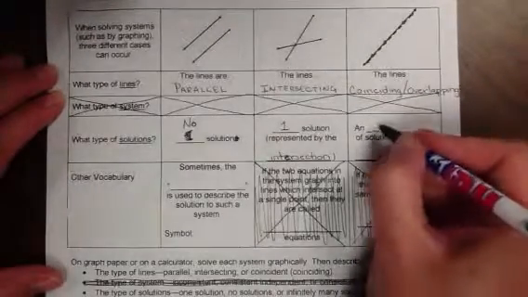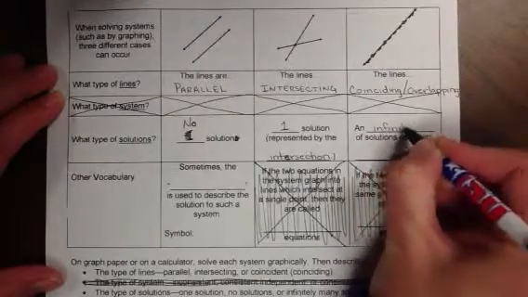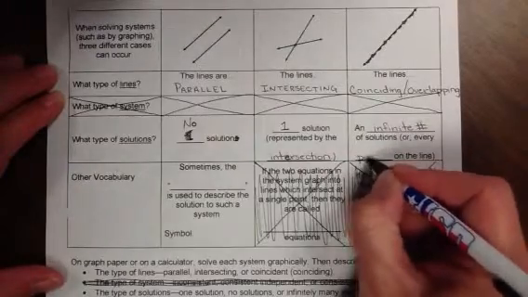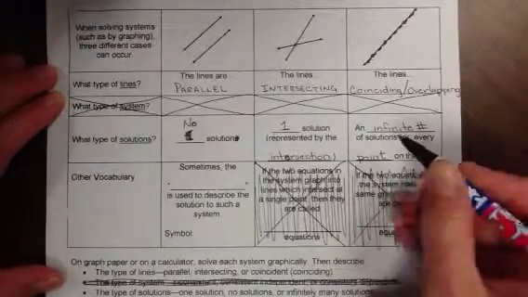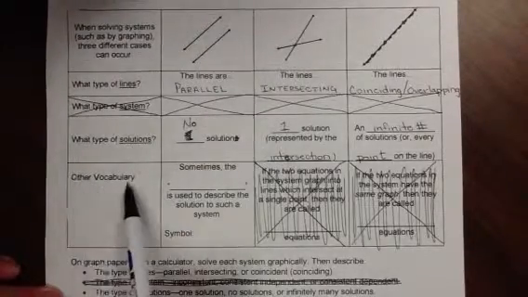And this is what we said created an infinite number of solutions. Every point on the line is a solution, because this is actually one line sitting directly on top of the other line.